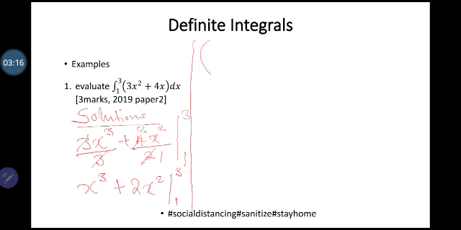You open your brackets, you're going to have 3 to the power 3 plus 2 times 3 squared. You substituted 3 throughout your integral first. You close the brackets, you subtract. Now you substitute the 1. You're going to have 1 to the power 3 plus 2 times 1 squared.